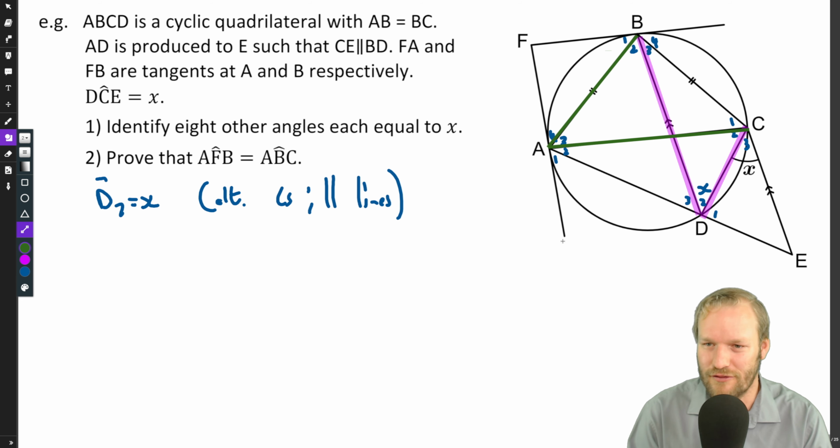So there we go. So A3 is equal to x because of angles in same segment. Okay, well, if that's x, then B4, let's do the same trick to see where it gets us.